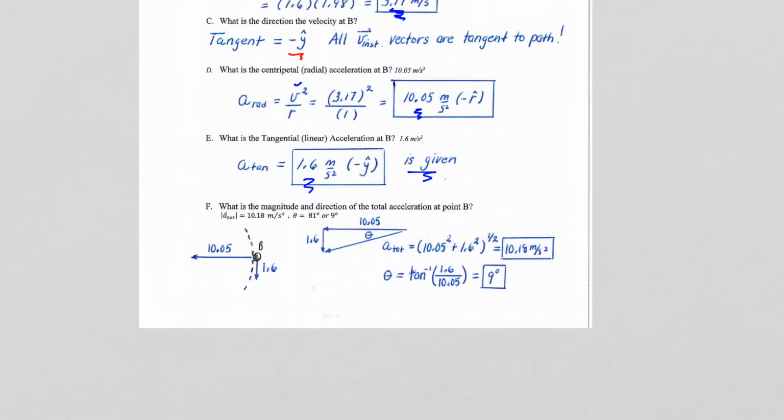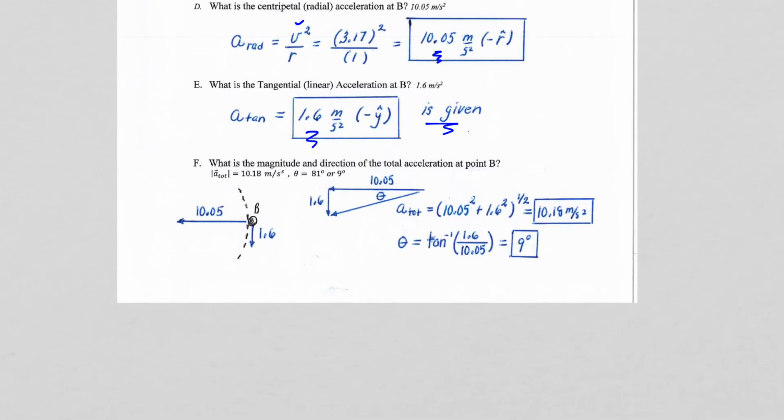And look, we can calculate the total acceleration at part B by doing the tip to tail vector addition, right? A tan plus A radial, or A radial plus A tan, you get the same answer, gives us our A total. Pythagorean theorem to get the magnitude of the total acceleration, and inverse tan to get the angle theta that we've specified in our drawing.